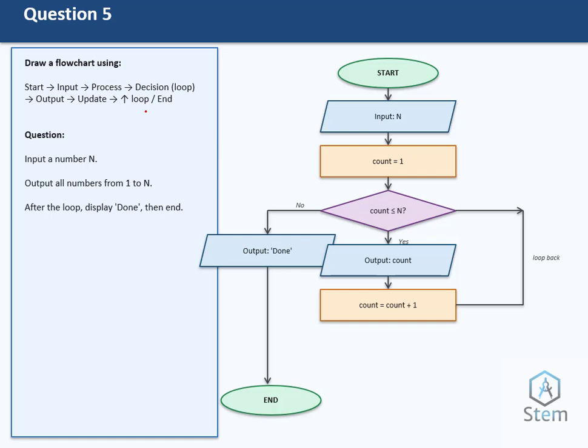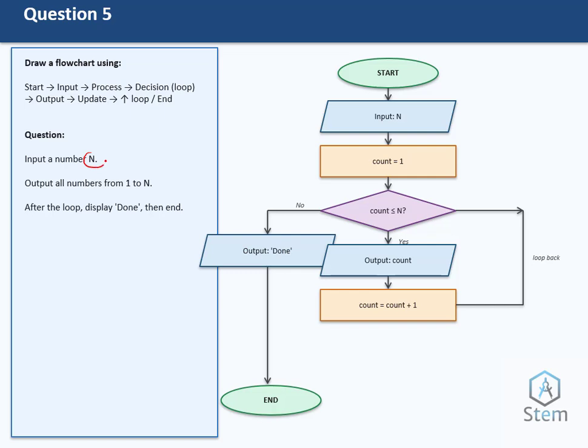Here we have question number 5, and question number 5 is a little bit more detailed. What is happening in question number 5 is we want to ask the user, how many numbers do you need?